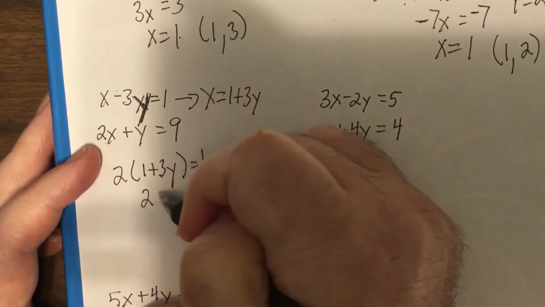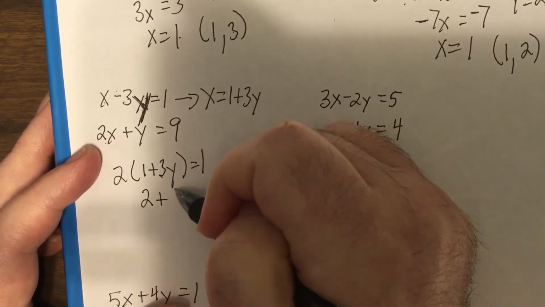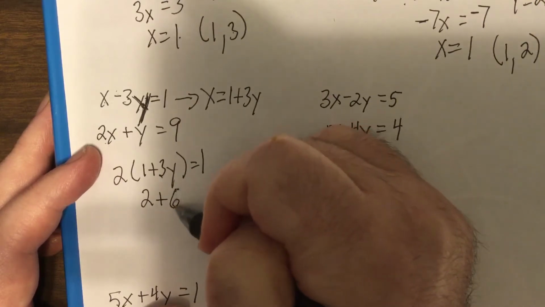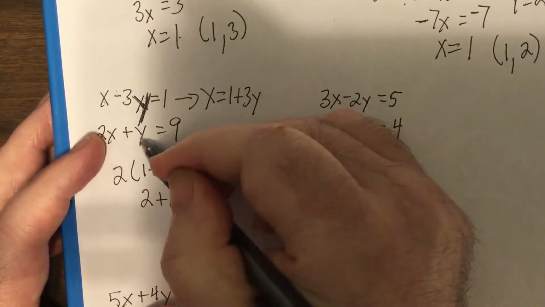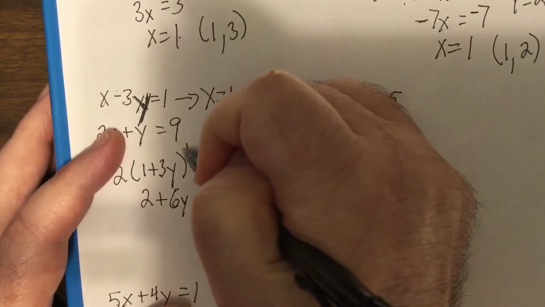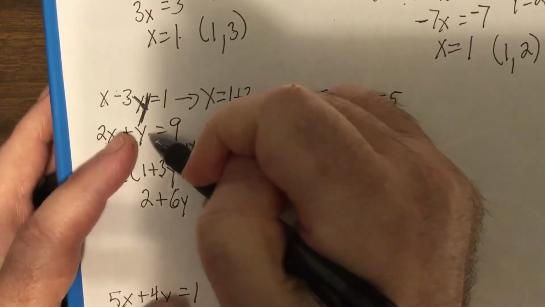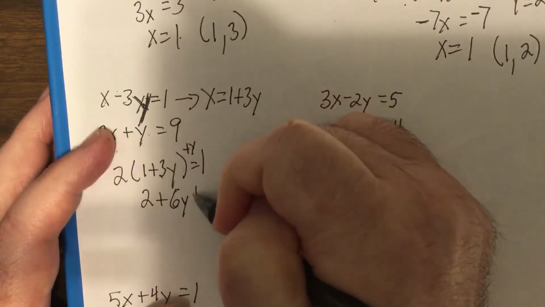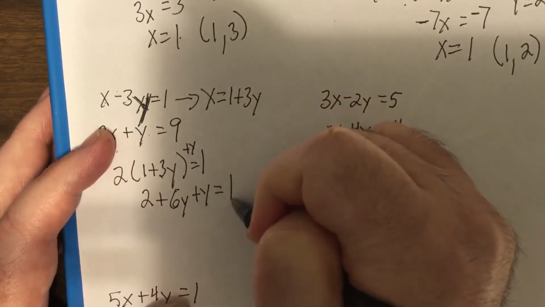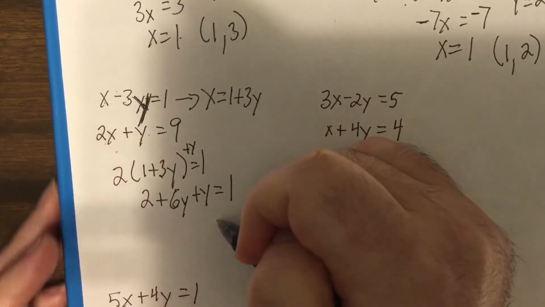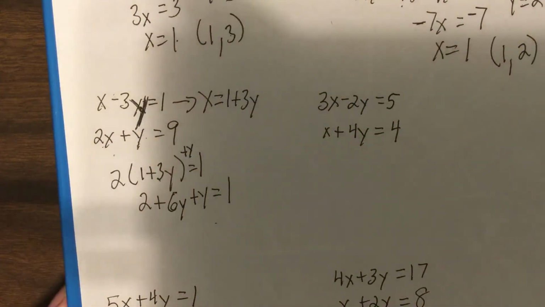So 2 plus 6y. Oh, I left this y out. Ooh, good thing I caught it. So it's supposed to be 2 times 1 plus 3y plus y. Sorry about that. I feel so bad. Equals 1. Did I mess up?